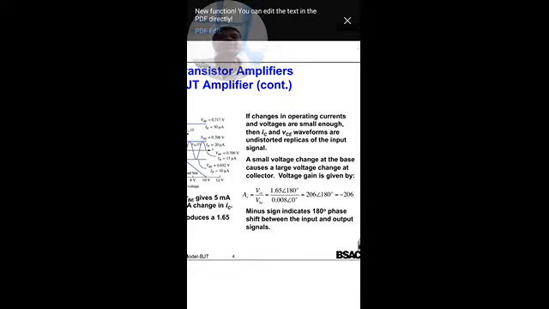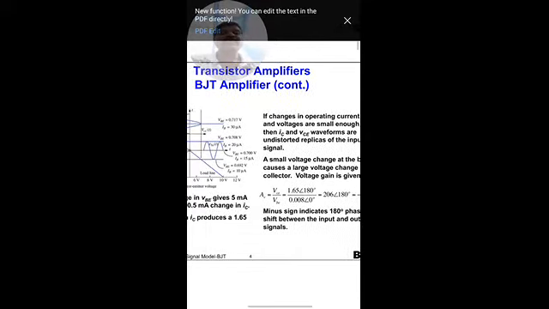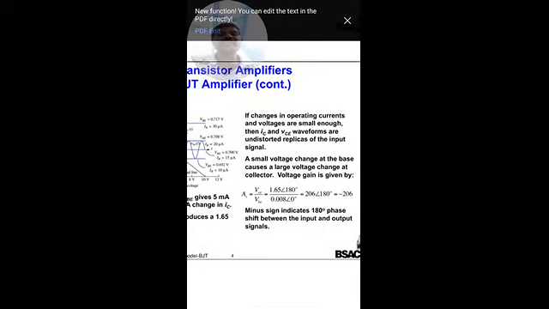Because the Q point movement is very small, it lies in the active region only during the operation. Therefore we will get an undistorted replica of the input signal, which is similar to the input signal. The amplified signal is similar to the input signal.